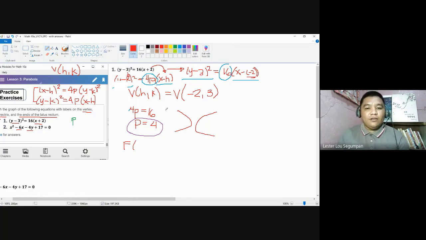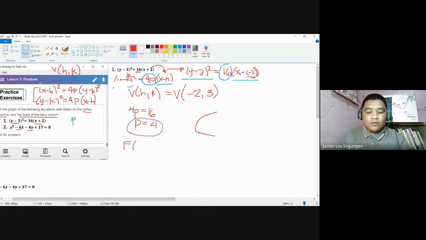Trimming it down, look at the coefficient here, positive 16. It's a positive coefficient. That would mean our parabola should open towards the right. Again, the giveaway is y being squared, so it's sidewards. If it's x being squared, it's up and down. And then the coefficient here, if it's positive, to the right; if it's negative, to the left.